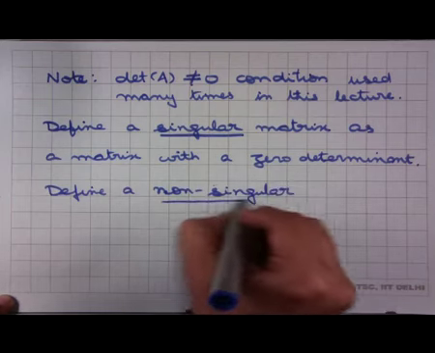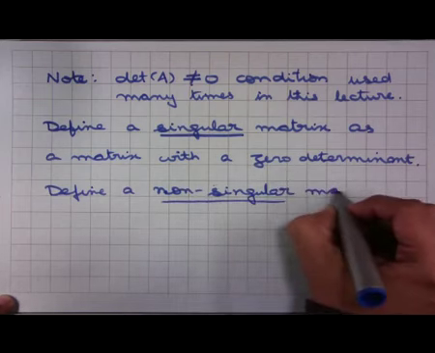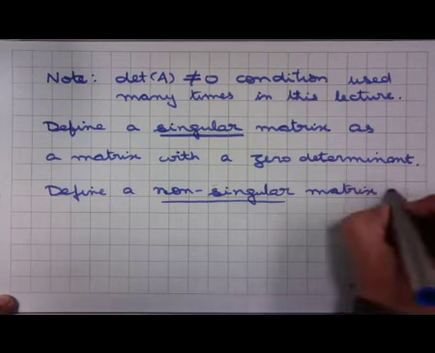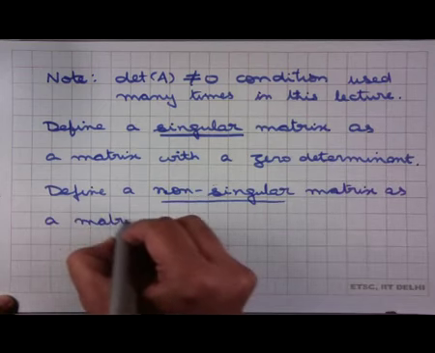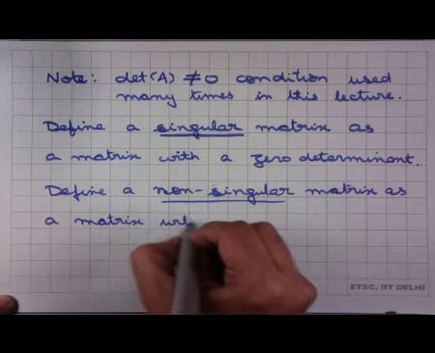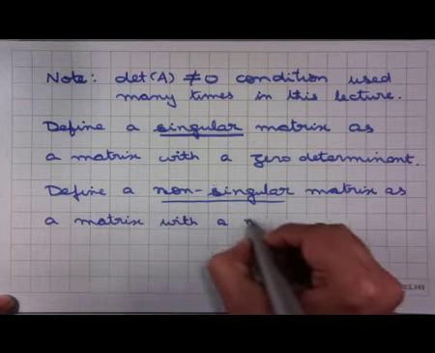A non-singular matrix is a matrix with a non-zero determinant.